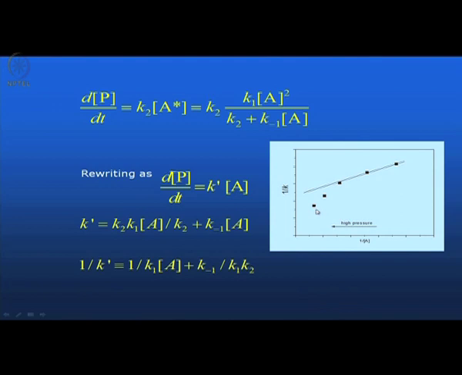That means we can say that truly this Lindemann mechanism is operative, otherwise it should not have deviated and the rate constant should not have shown pressure dependence. So it is a test of Lindemann's unimolecular mechanism, whether it is operative or not.